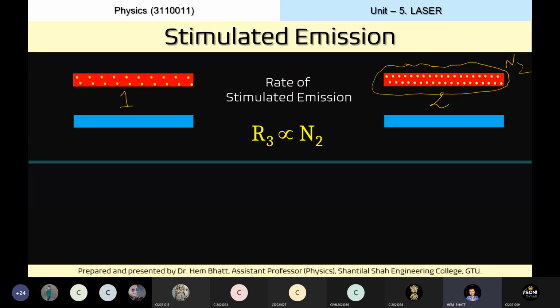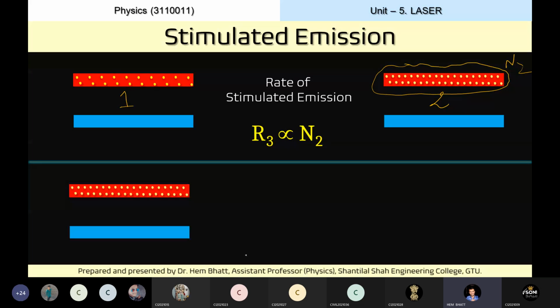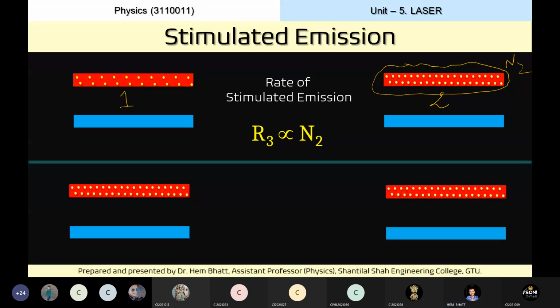To make stimulated emission possible, you will have to give one photon. When you give one photon from outside, you get two photons in return, but you have to give one photon. Now compare these two situations. What difference do you find in 3 and 4?